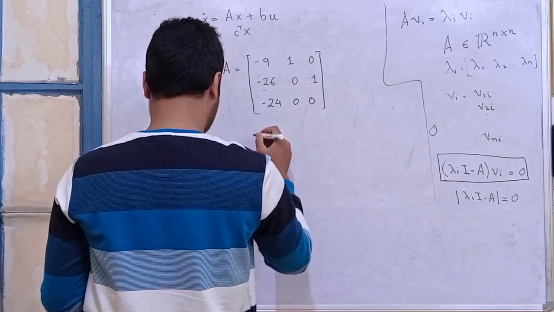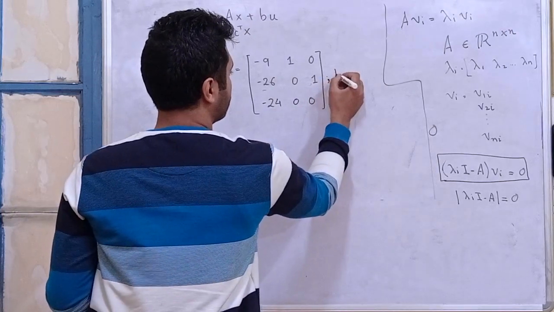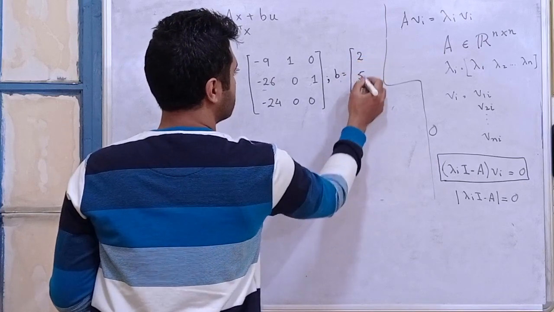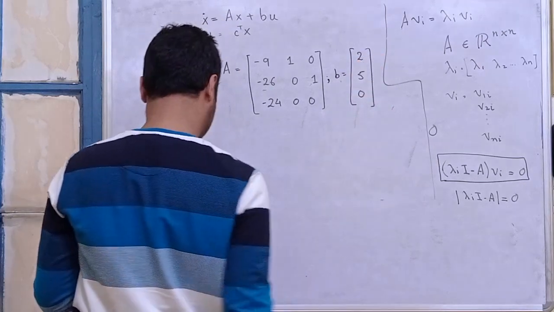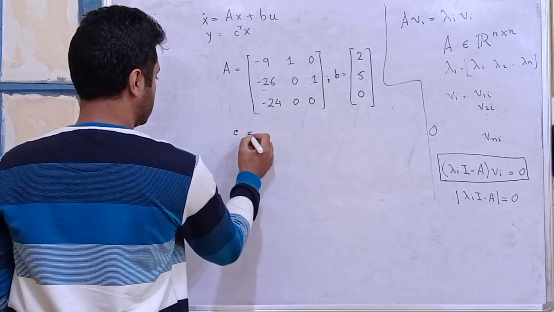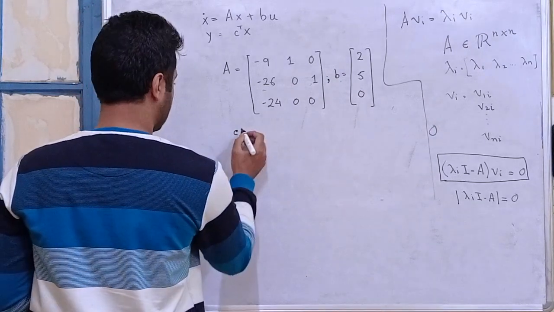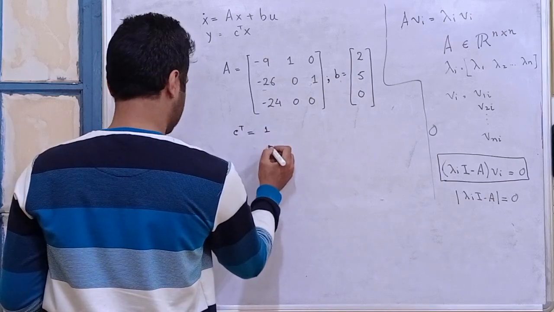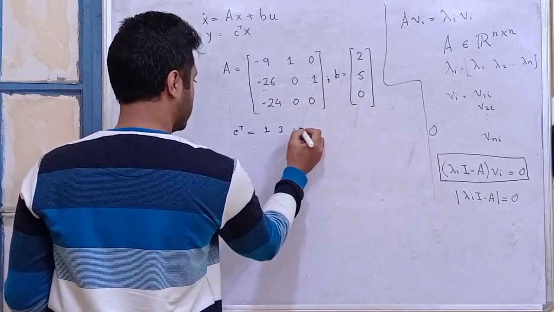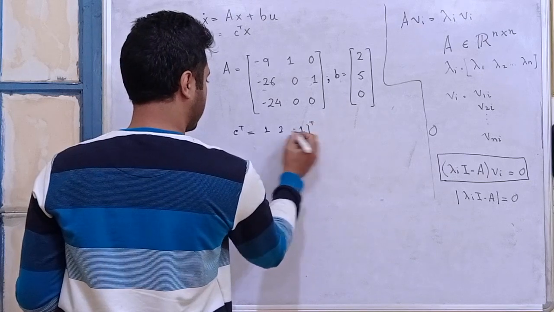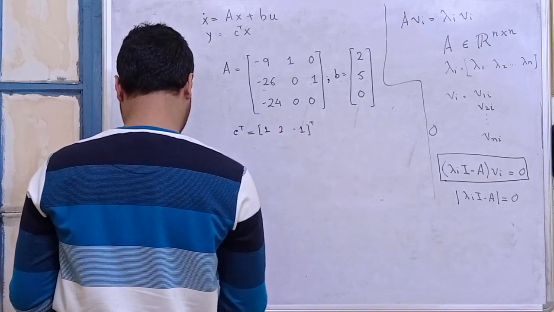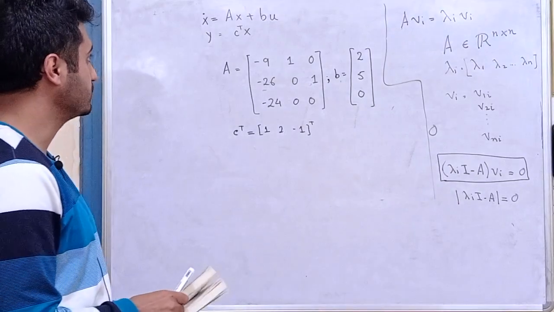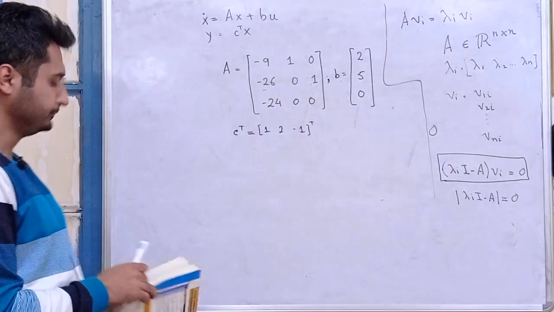This is your system matrix. Your B is given as 0 0 1, and your C transpose is 2 -1 0 0. This is the information given about the system: the A, B, and C.